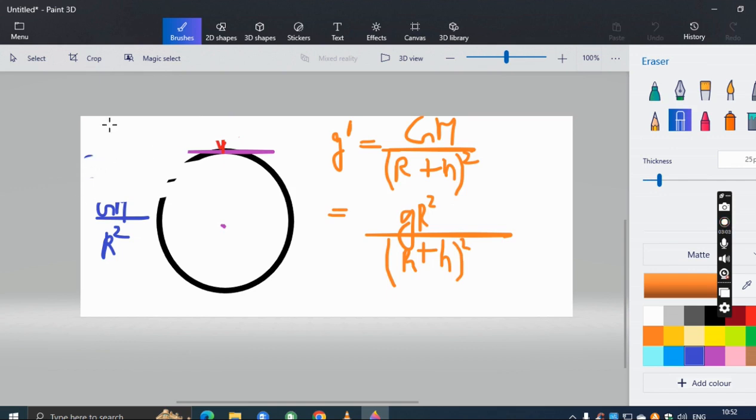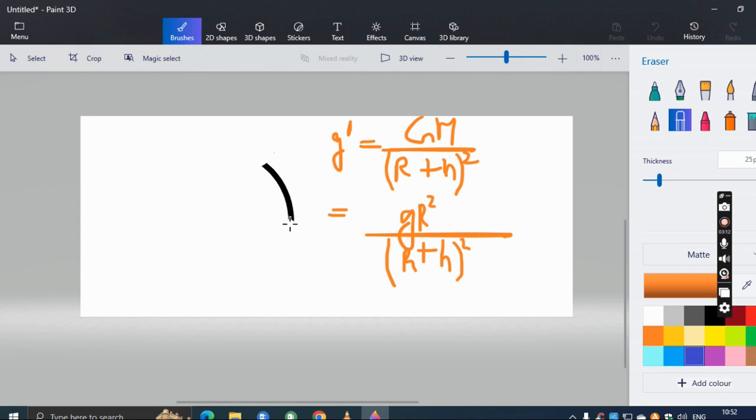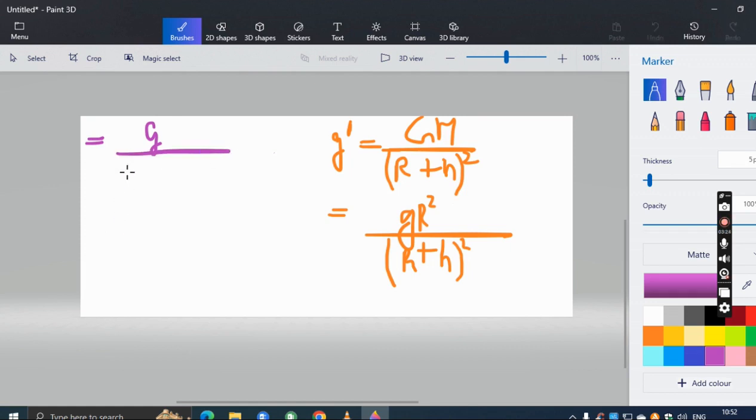Now let us use some mathematics to simplify this expression. Notice that this can be written as g divided by ((r plus h) by r) the whole square.